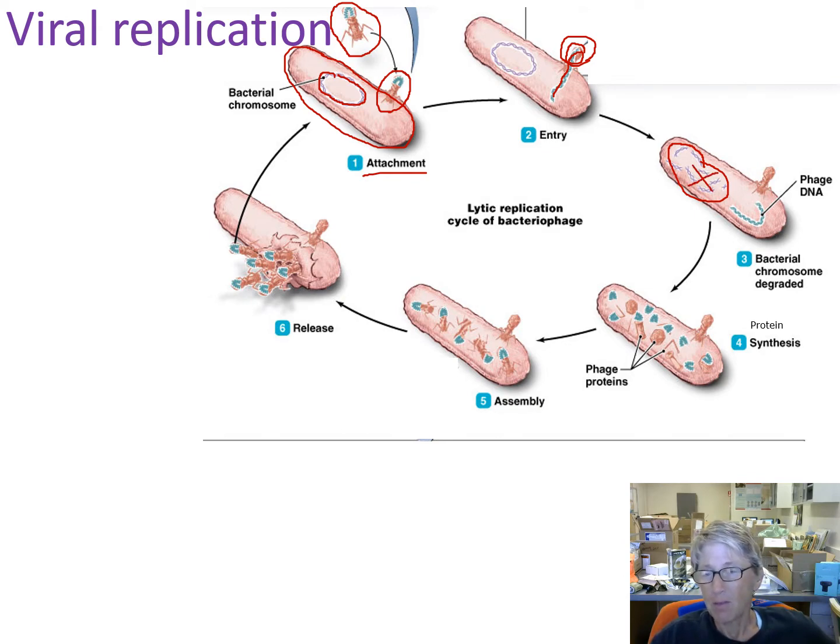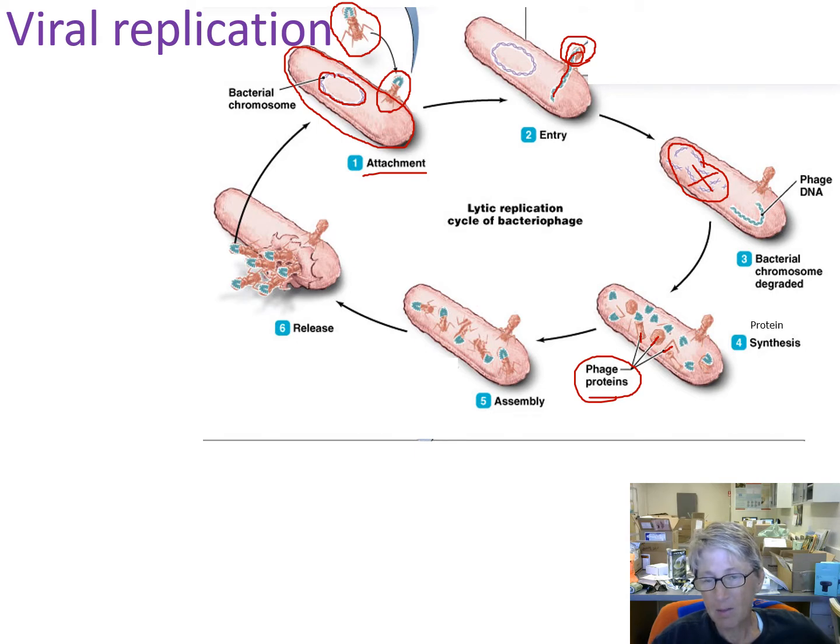Then the virus goes on to use the protein synthesis machinery in the bacteria to make its own viral proteins, or phage proteins. So these are all the pieces of the phage, the virus that will be made inside the bacteria.